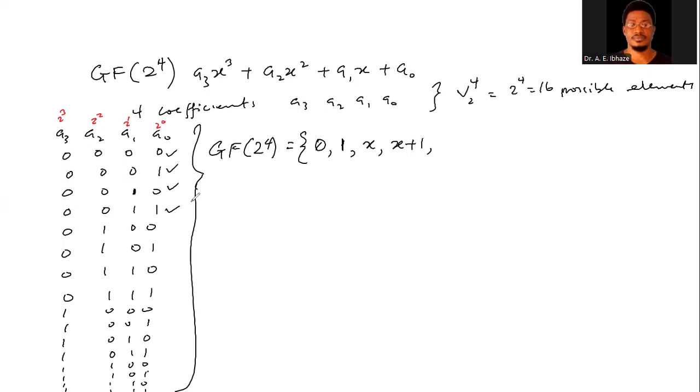The next is this: only A2 is 1, so that's x squared. Is that clear? Yes. Now the next, x squared plus 1, then x squared plus x.